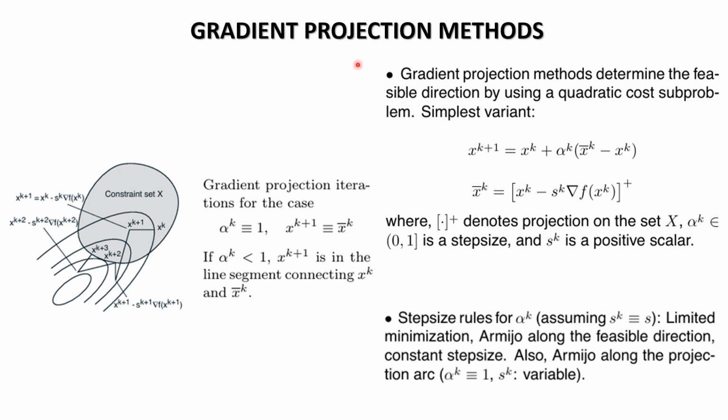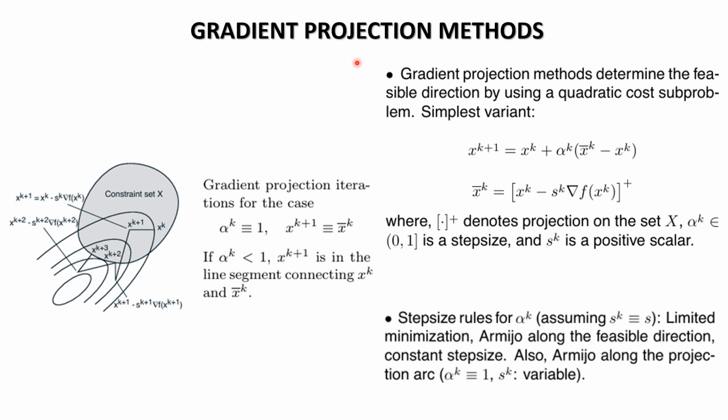Here we are explaining the gradient projection method, which is a powerful approach for constrained optimization. The key idea is to use gradient information and then project back onto the feasible set to maintain the constraint.